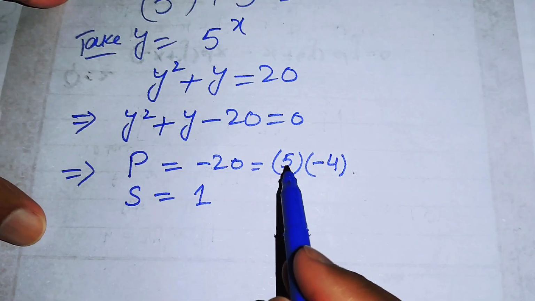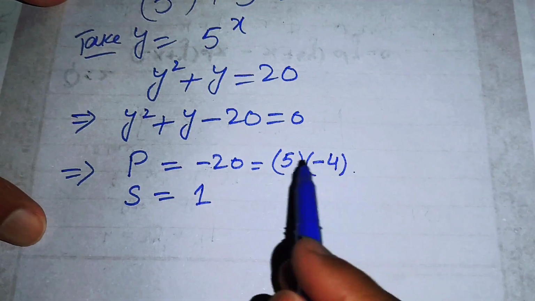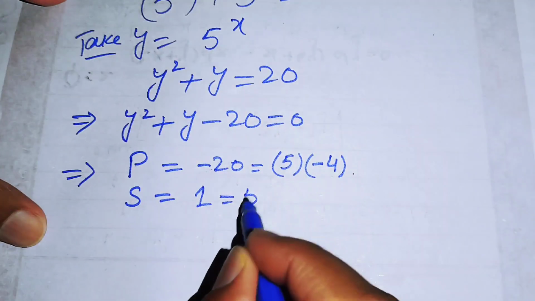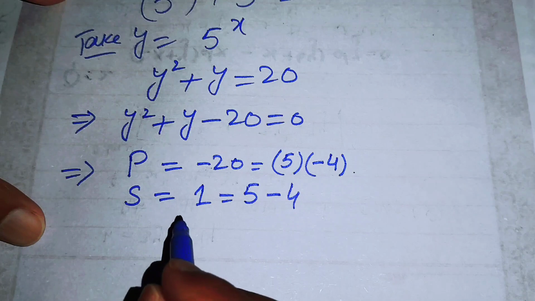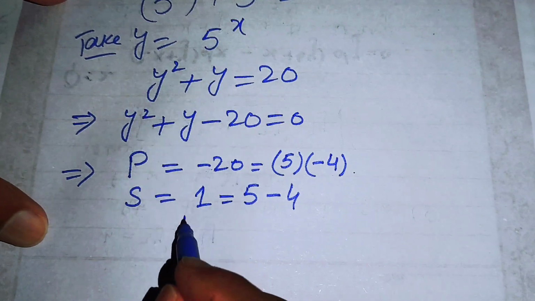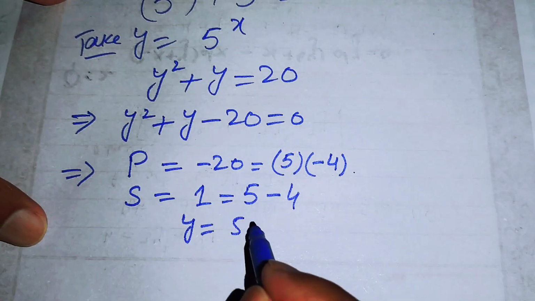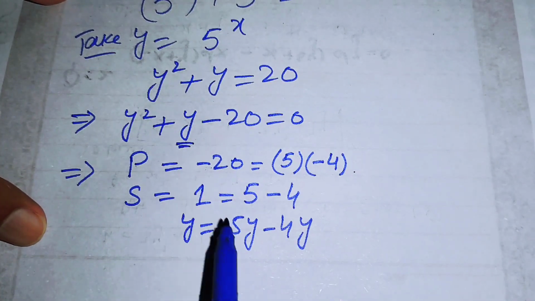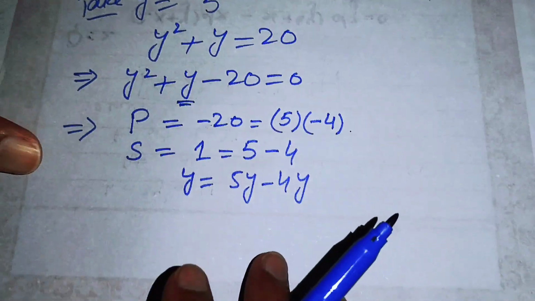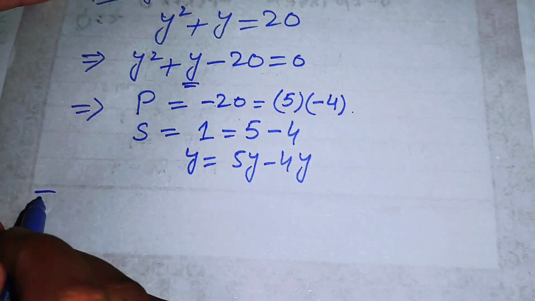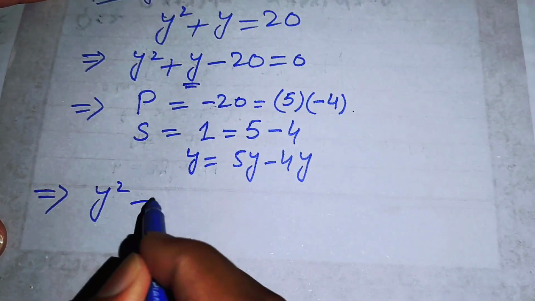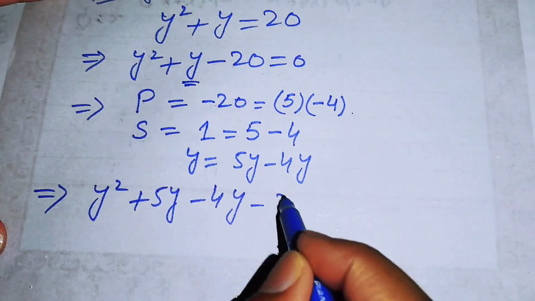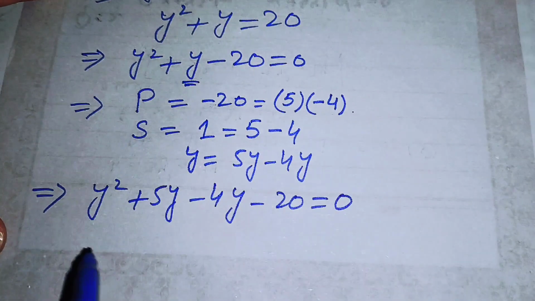When we multiply 5 by minus 4, it becomes minus 20, and when we add these numbers, it becomes plus 1. So here y is equal to 5y minus 4y. Now we can replace y by 5y minus 4y, so this expression becomes y squared plus 5y minus 4y minus 20 is equal to 0.